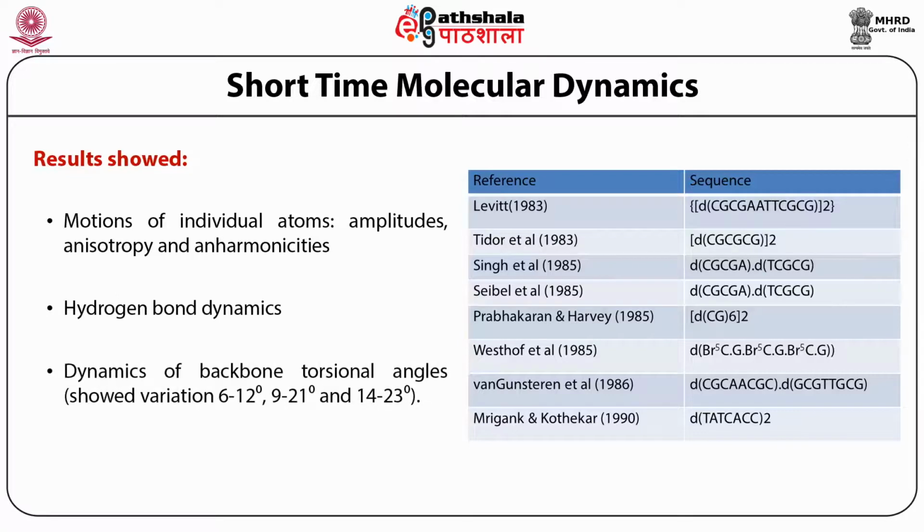And you see that some angles show more variation than other angles. We also find base pair tilting, helix axis movement, H bonds movement, bifurcated H bonds, and H bonds between different base pairs were also seen in such dynamic studies.